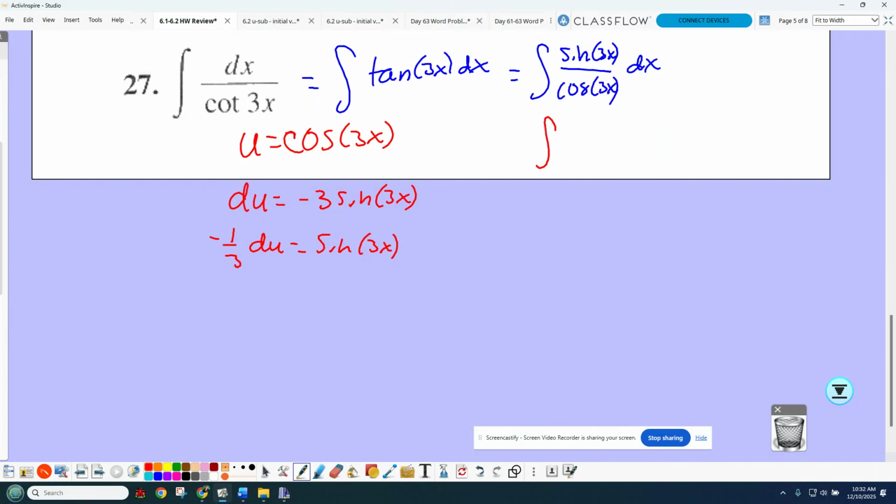So integrating, changing things out, 1 over u, sine 3x dx is negative 1/3 du. There were no bounds on it, so natural log of the u value plus c.